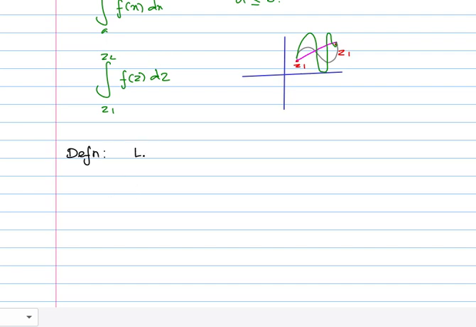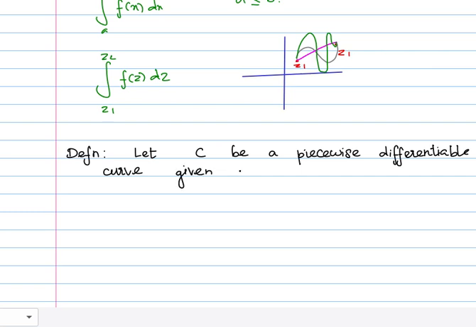Let C be a piecewise differentiable curve given by the equation z of t, where t is some real number in an interval a to b.